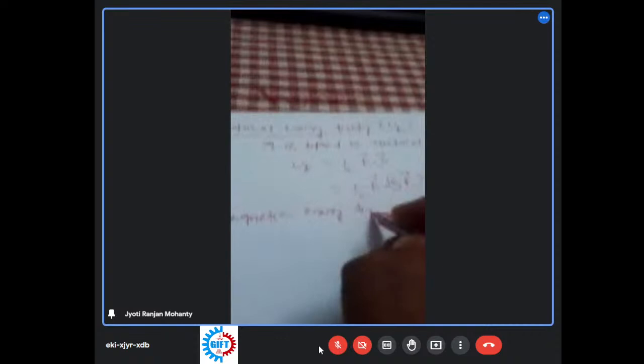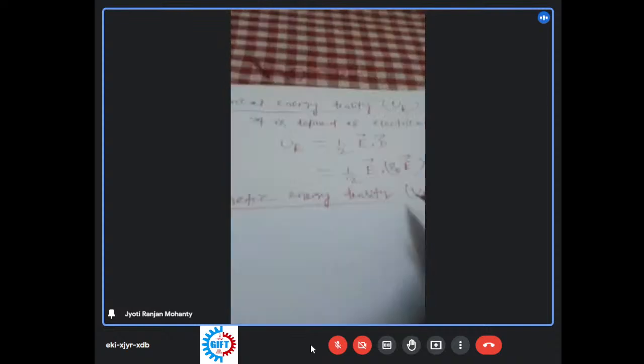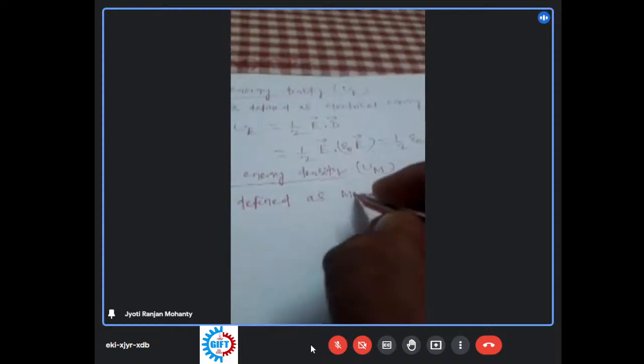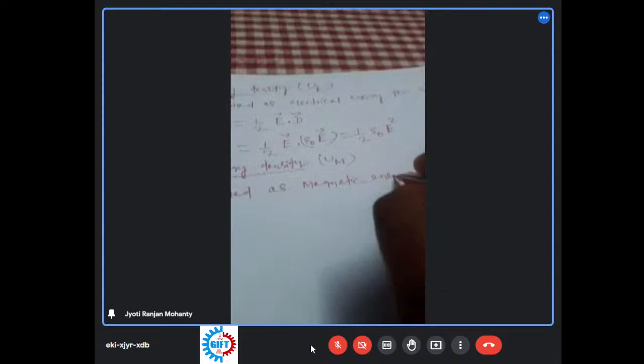Similarly, we can find the magnetic energy density, which we write as UM. With the same definition, it is defined as magnetic energy per unit volume.